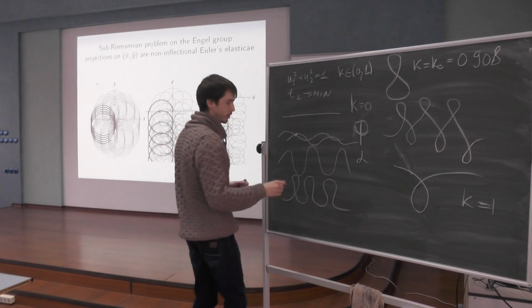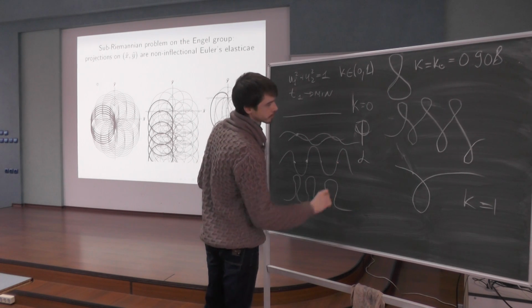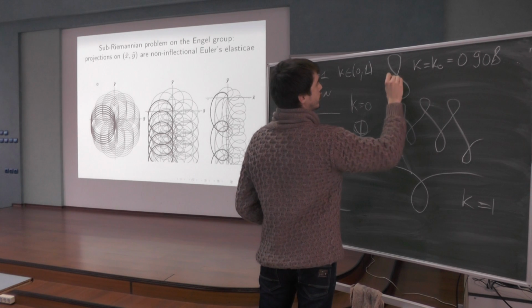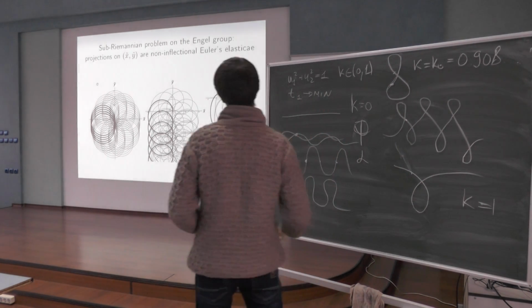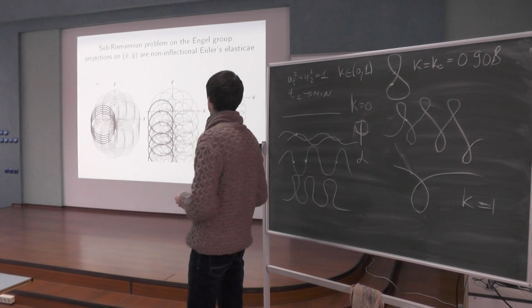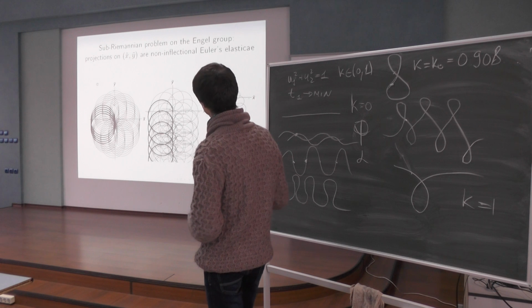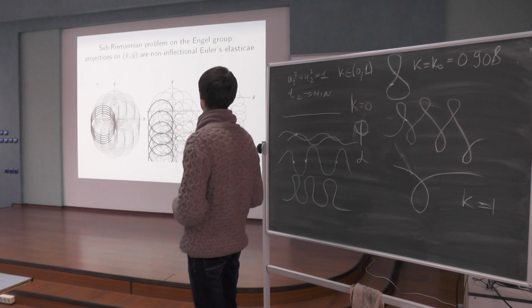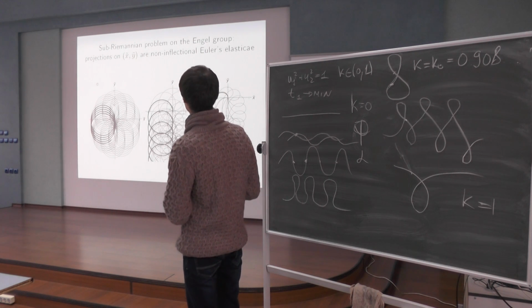Here you can see that all these elasticas have inflectional points. And here, those curves don't have inflectional points, and you can see they have this form, and in the limit they are going to circles.